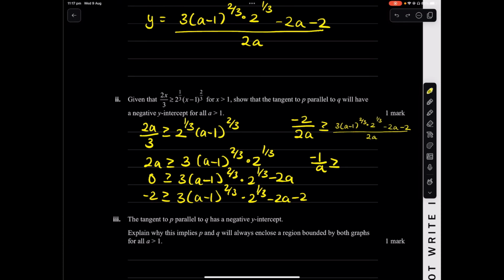So can we just say, would you say this? So we can say, I'm going to copy this and paste it over here, just nicely here, as a is greater than 1. Yep. Negative 1 over a will be greater or equal to this.